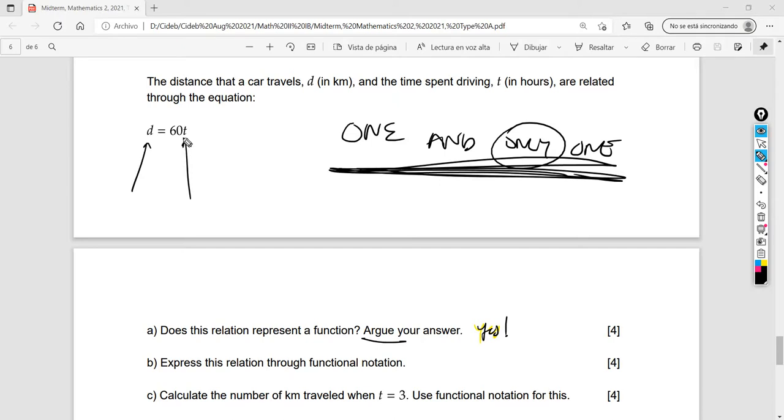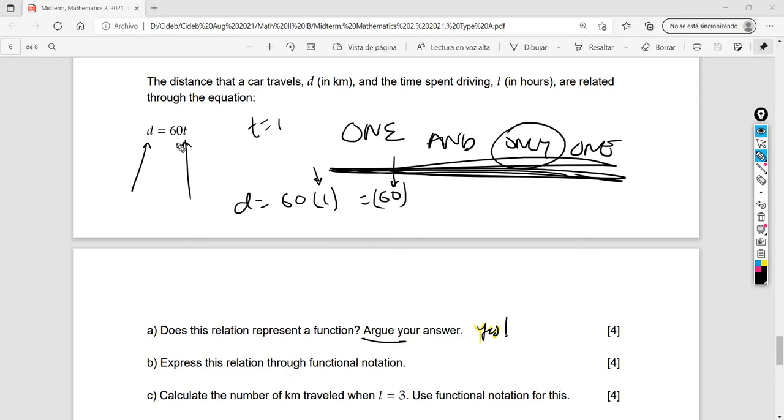It's impossible that when you give t any value, let's say t equals 1 hour, and then you compute the resulting value of d, you will have d equals 60 times 1, which is 60. That's it. One input, one and only one output.